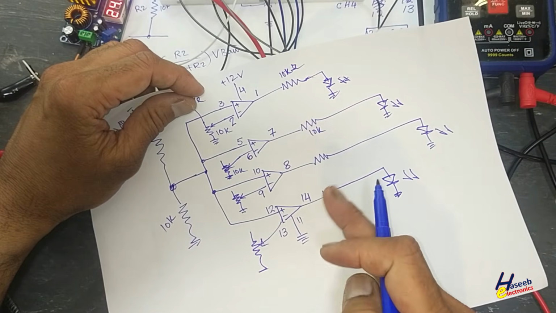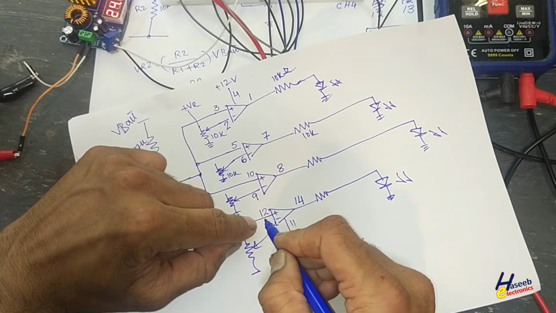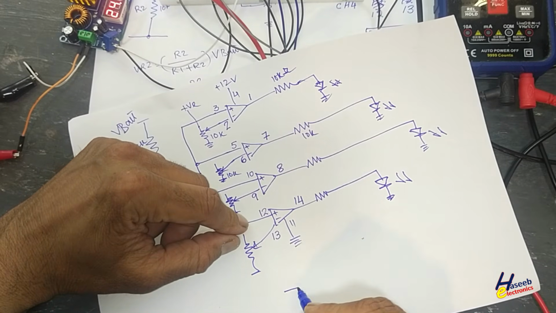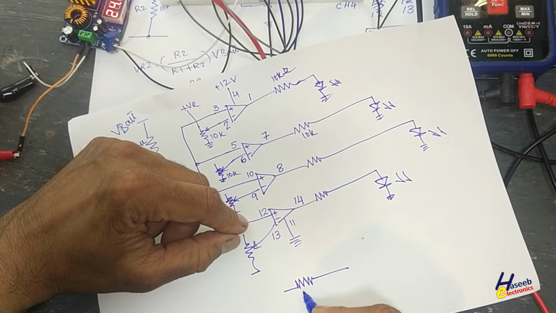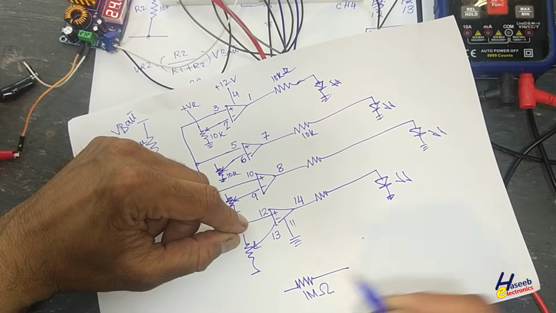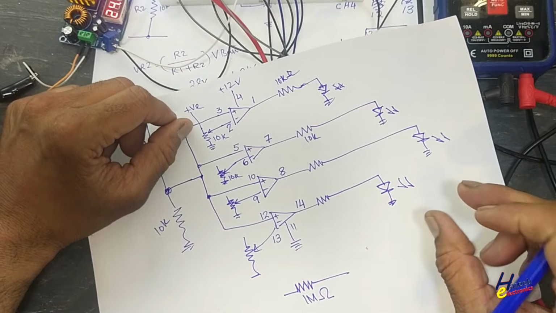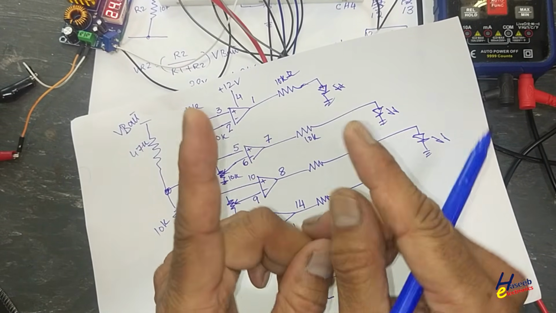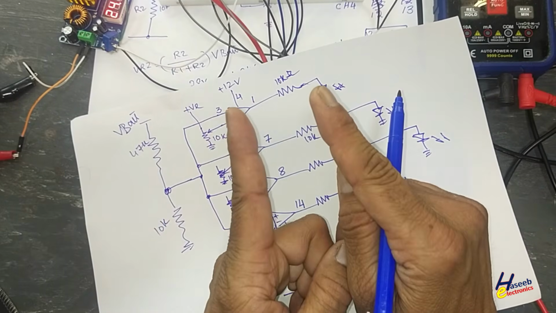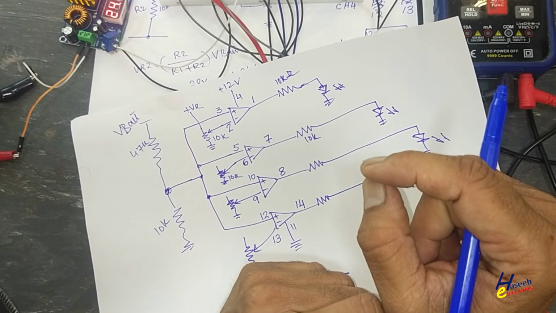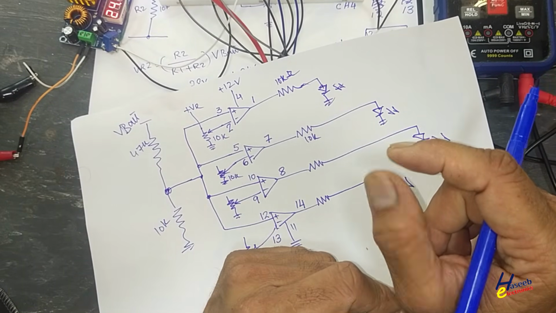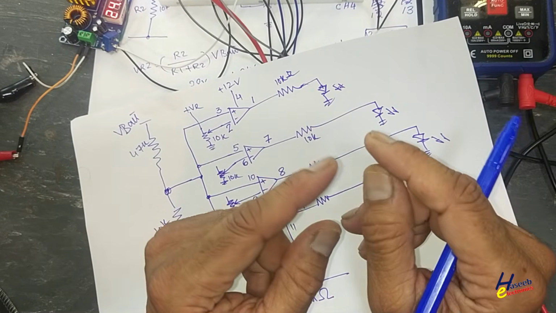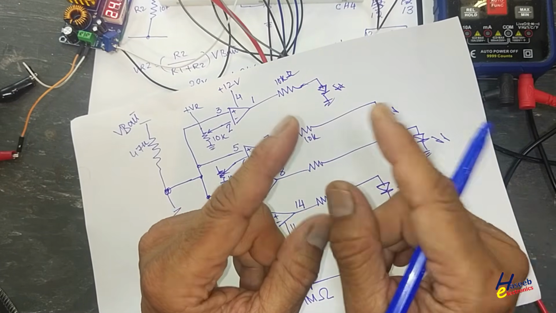Between each output and non-inverting input, we will connect a 1 mega ohm resistor. It will protect the circuit from intermittent switching of the LEDs, because in an operational amplifier or comparator there is a minor offset of a few millivolt, 100 millivolt, 200 millivolt, that will cause an intermittent display on the LEDs.